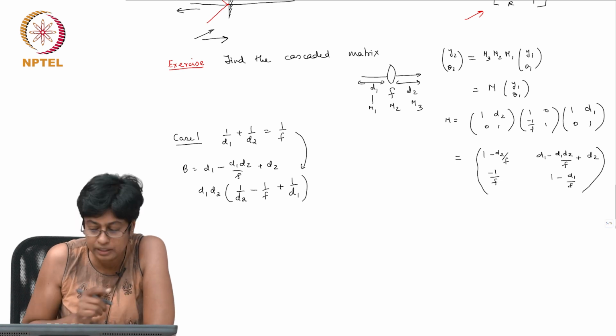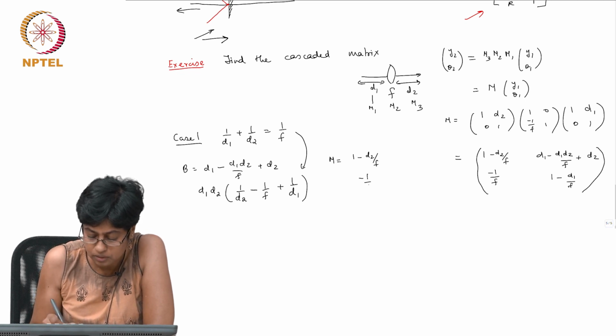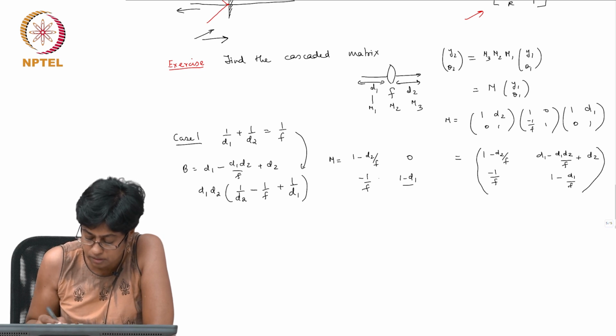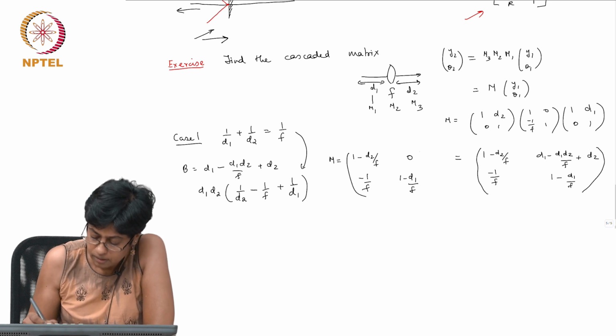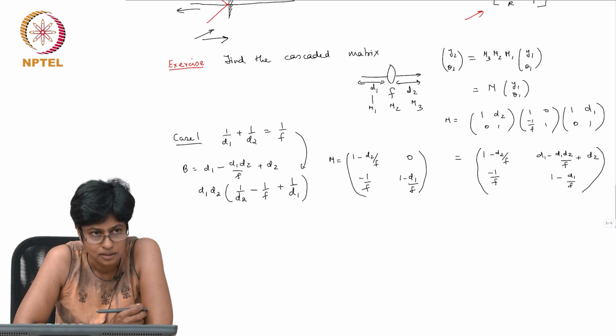So, for this particular case, the matrix M will reduce to 1 minus D2 by F, minus 1 by F, 0, 1 minus D1 by F. What is this telling us?